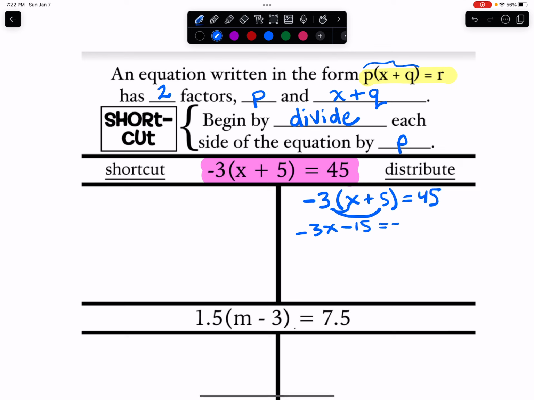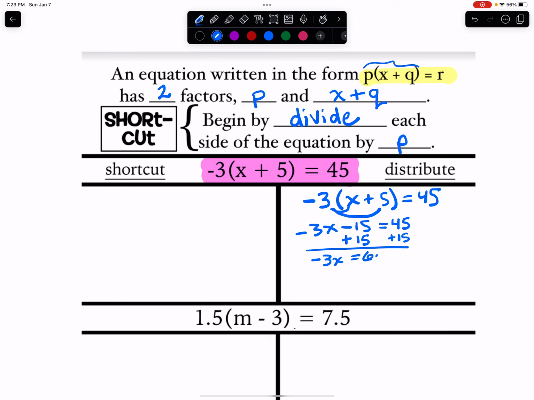And now we have a two-step equation, which we've already learned how to do. Remember that we solved two-step equations by undoing the constant term, using addition or subtraction. The opposite of subtracting 15 is adding 15. Bring down the negative 3x. Negative 15 plus 15 is 0.